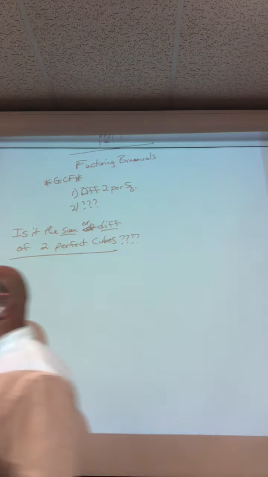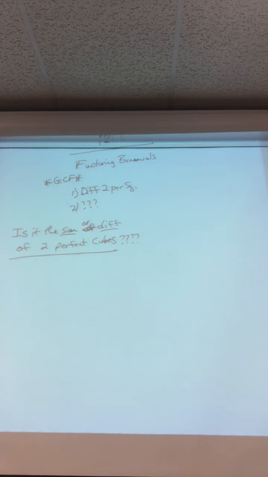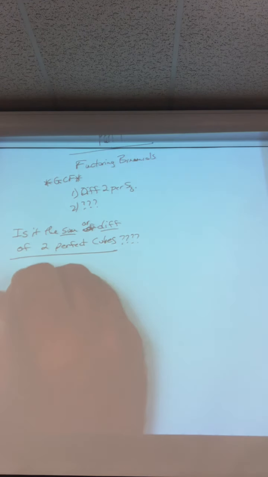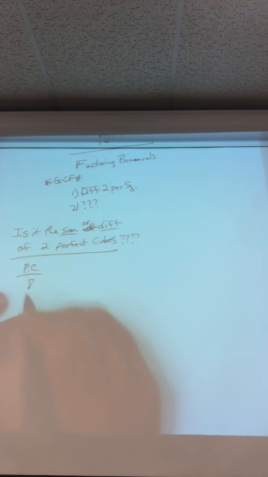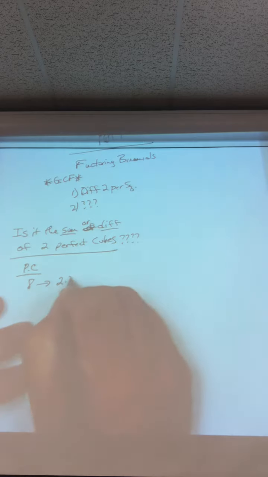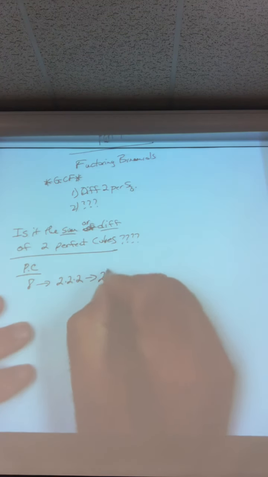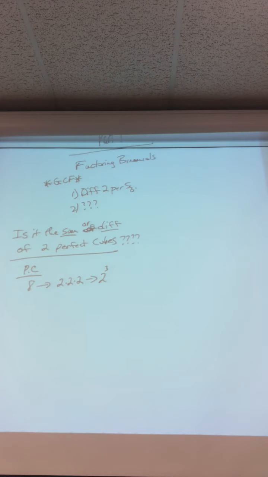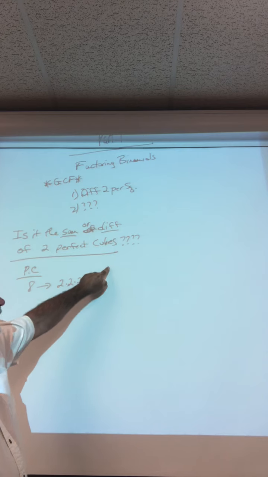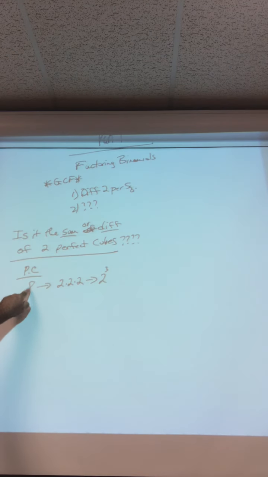Let me give you an example, or several examples. 8. PC is for perfect cube. 8 is a perfect cube because you can write this as 2 times 2 times 2. Or you could write it 2 cubed. That's why we call it a perfect cube. If you can rewrite this number as something cubed, then that's a perfect cube.